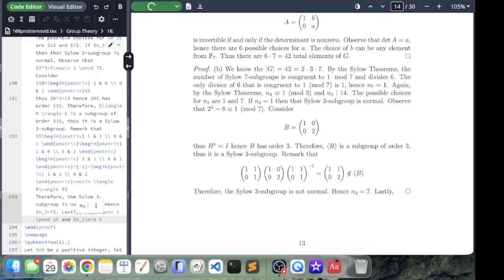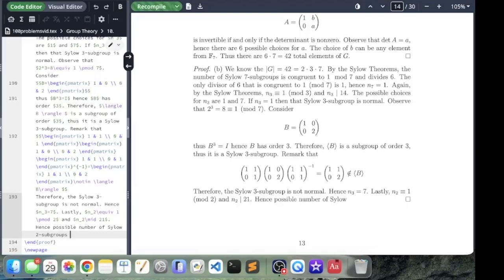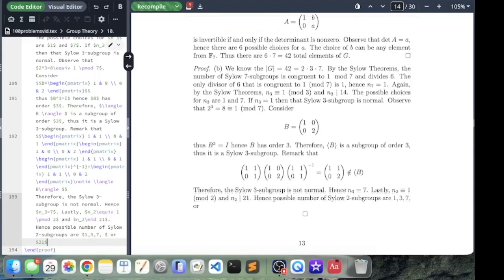They divide 3 times 7, which is 21. Hence the possible number of Sylow 2 subgroups, it could be pretty much any. It could be 1, 3, 7, or 21.